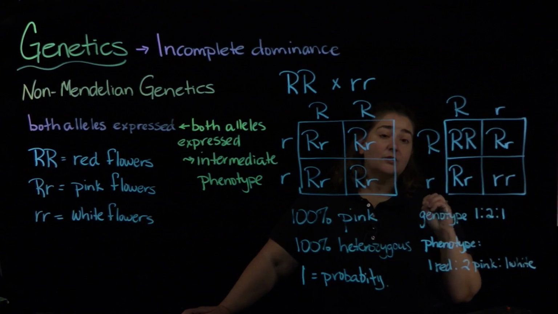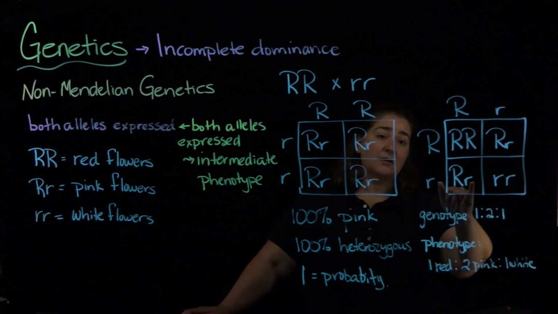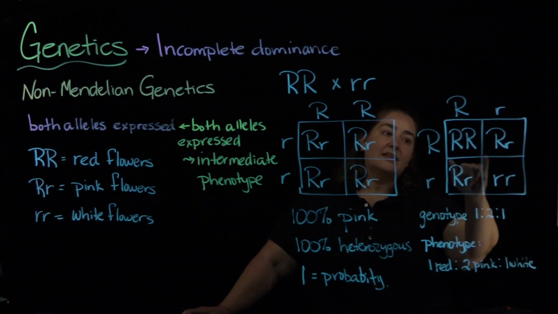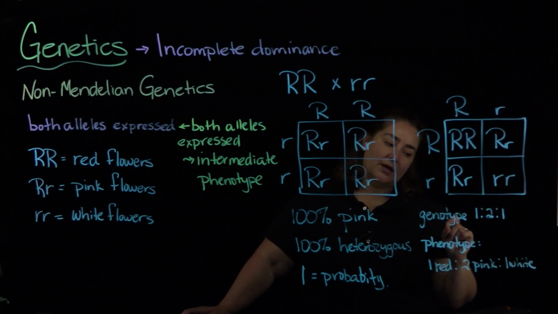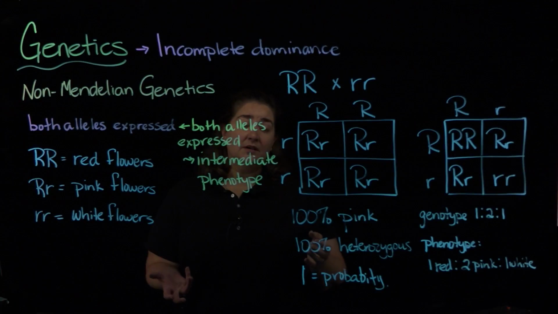In reality, when you cross two pink plants, you not only get pink flowers, but you see the parental phenotypes coming back out, red and white. That's what's indicative of incomplete dominance in the inheritance pattern. So this is just one example of something that's non-Mendelian.